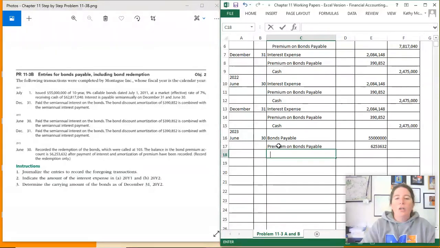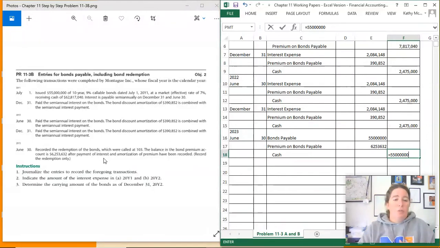The next thing we know is that we are going to pay them cash. Okay, when we pay cash, we credit cash. So we need to find out how much we're going to pay them. First, we have to calculate that. So we gave them a bond of $55 million, right? $55 million. Our textbook tells us the bonds were called at 103.